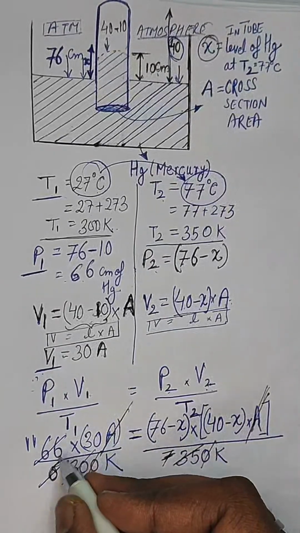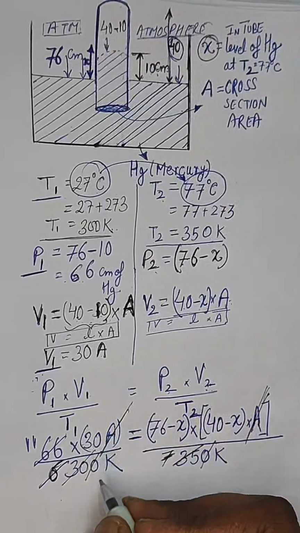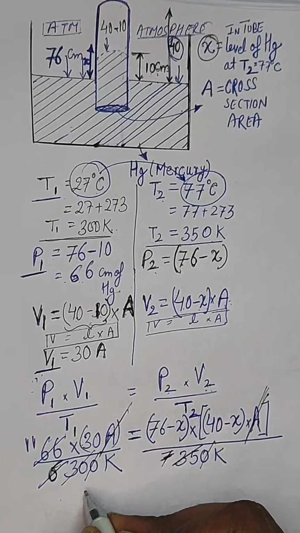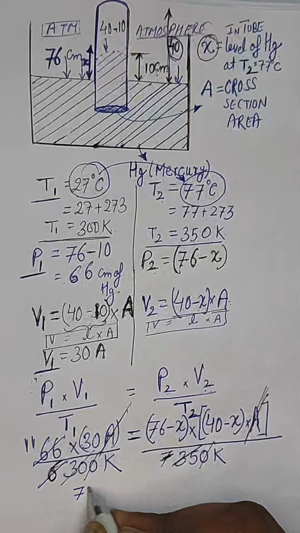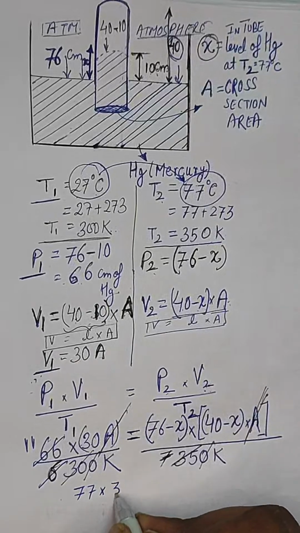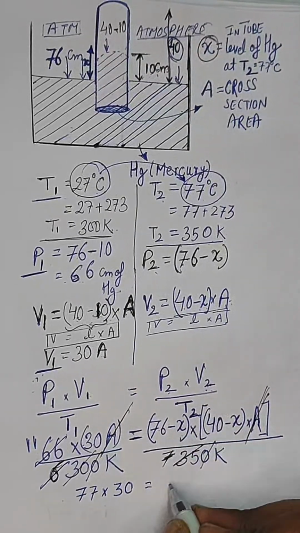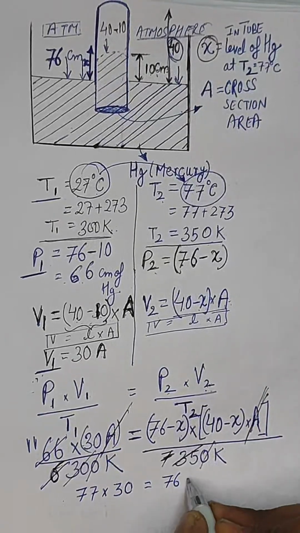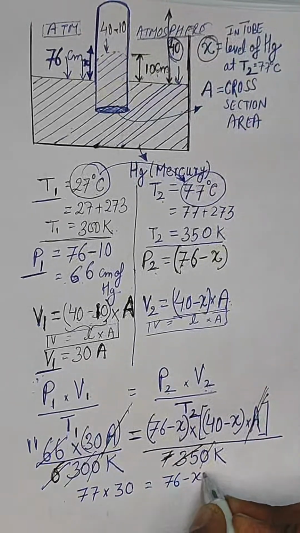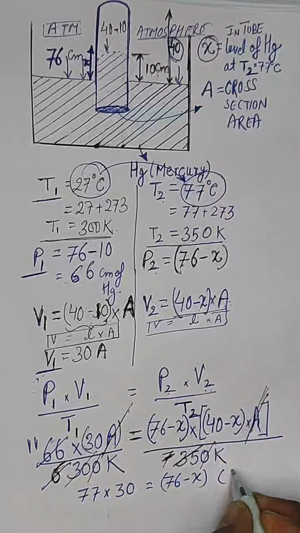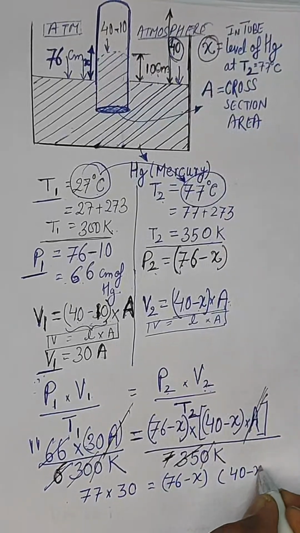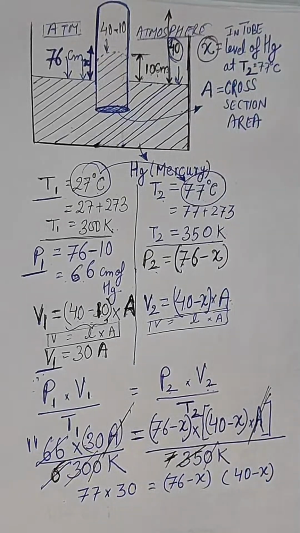So 11 into 7 is 77, into 30. 77 into 30 is equal to 76 minus x into 40 minus x, right?